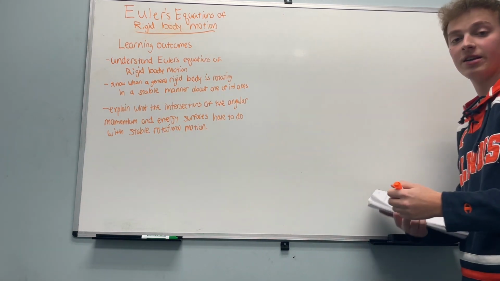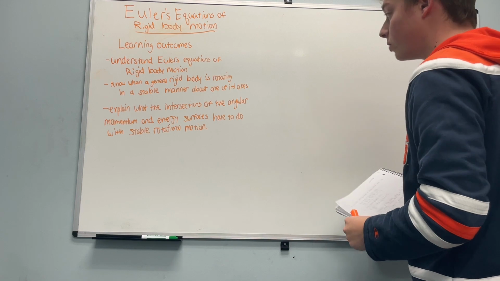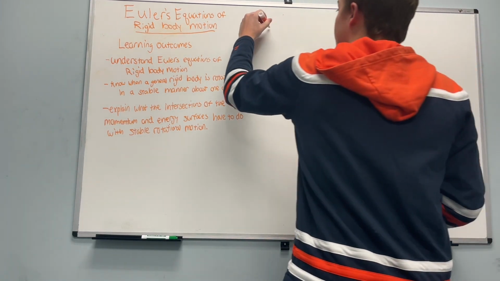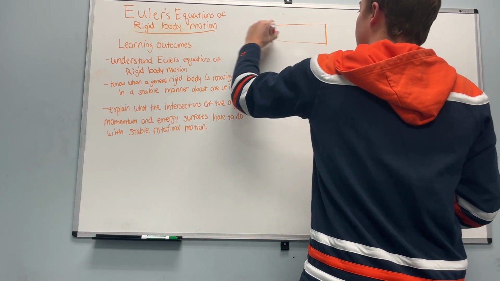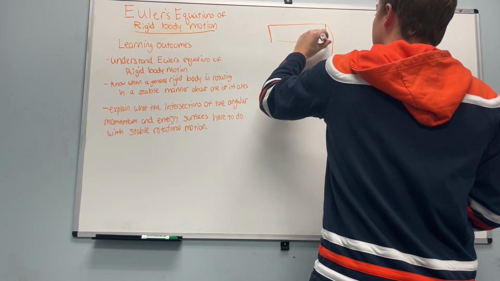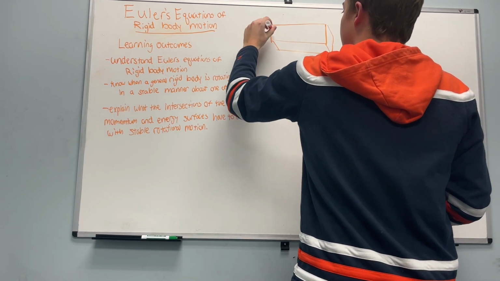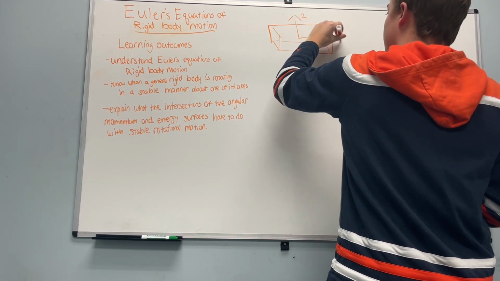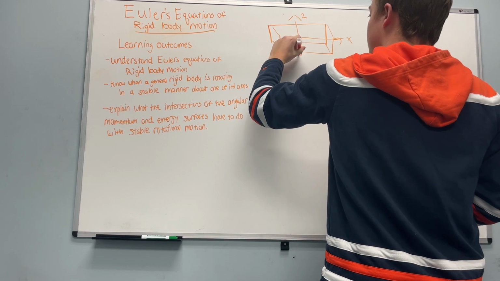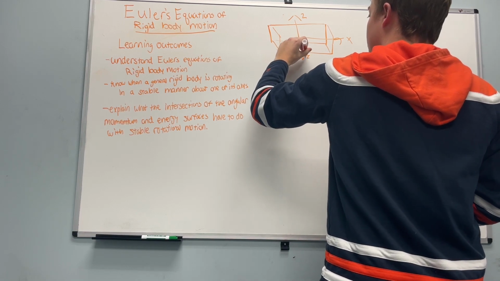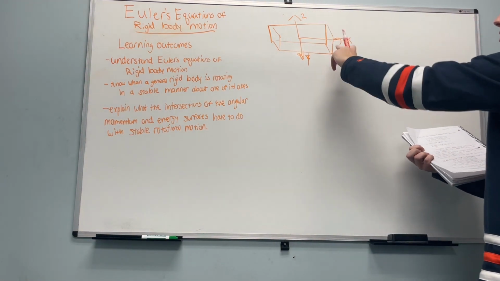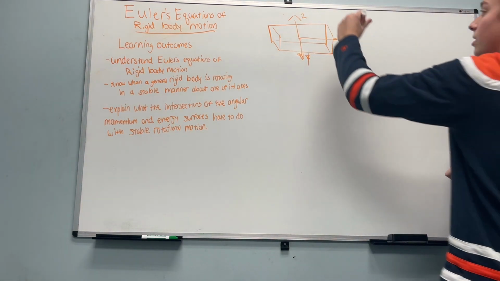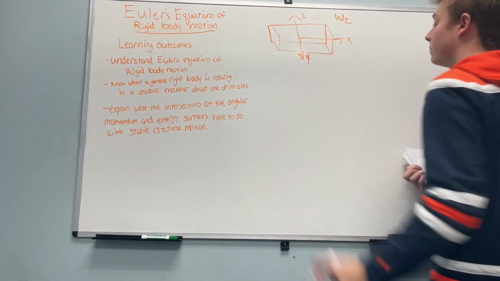From this, we can consider a body rotating around the z-axis. So we can assume a rectangle like this. So assume some body rotating around its z-axis with an angular velocity omega z.